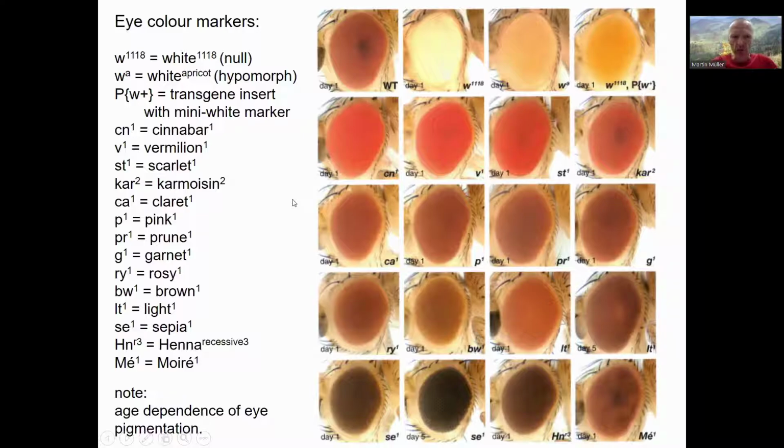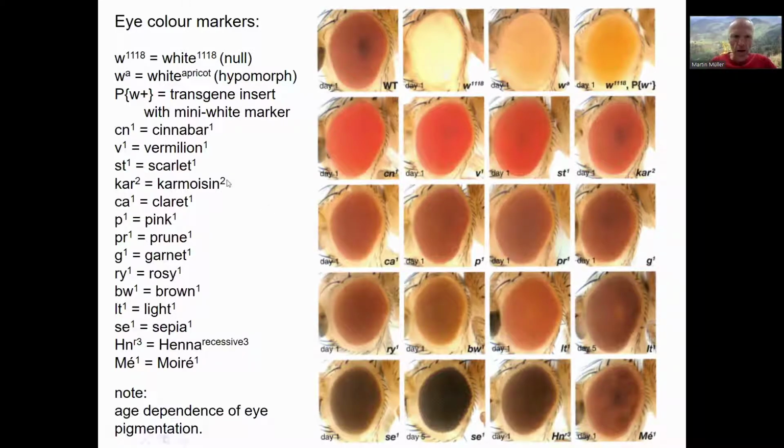Apart from white, there are many different other eye pigmentation mutations, and even though they have essentially the same phenotype, just look here, pink and garnet or prune, the eye color is very similar. Nevertheless, these are all mutations in different genes.